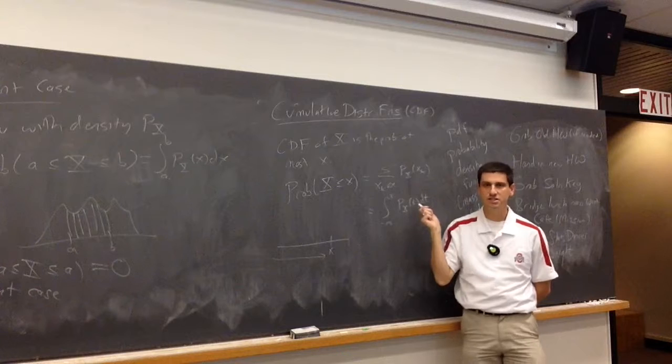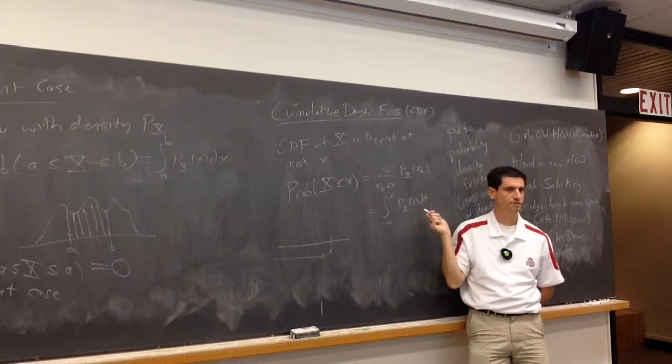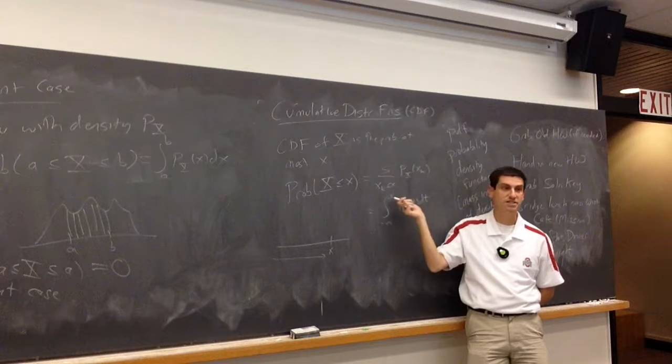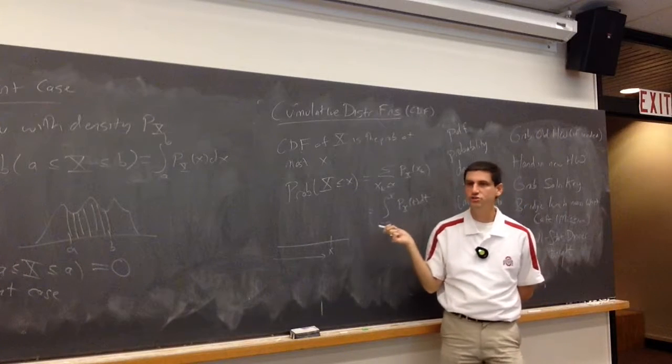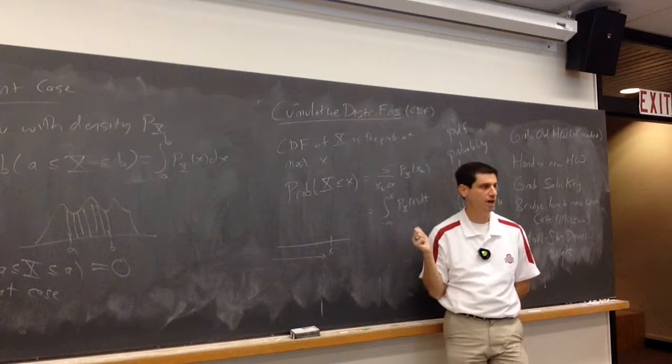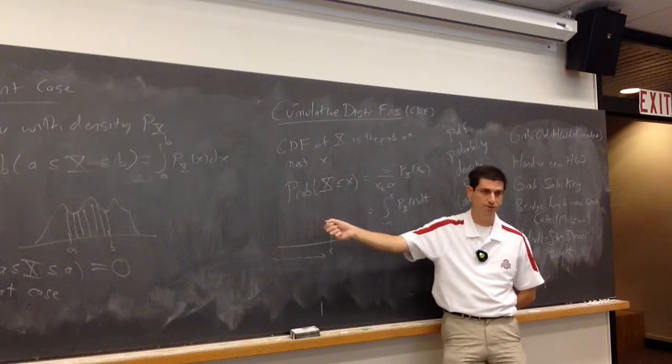Why am I writing it as t dt? I need a different variable because I've got x here. So I have to use a different dummy variable for integration. So the cumulative distribution is just the probability you take on a value this high or lower.